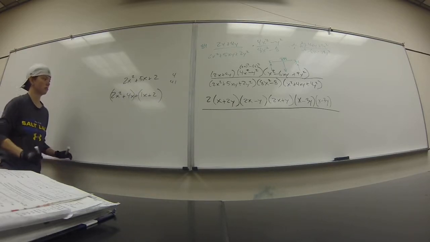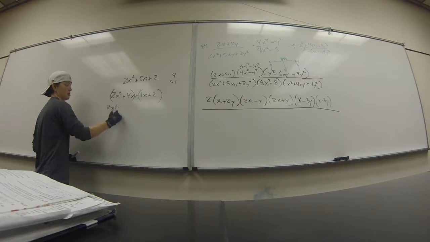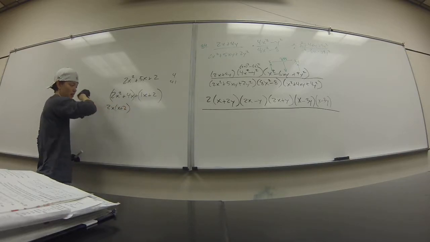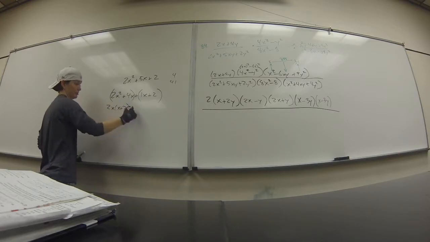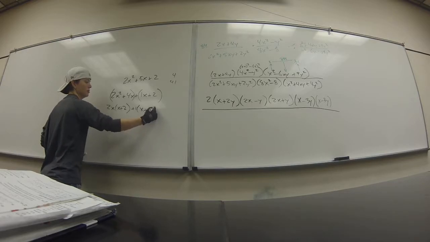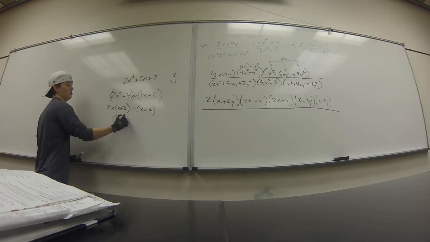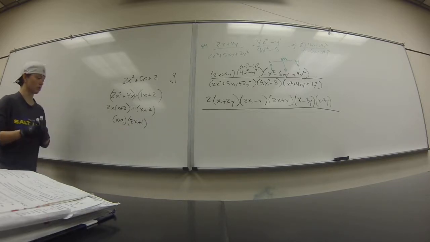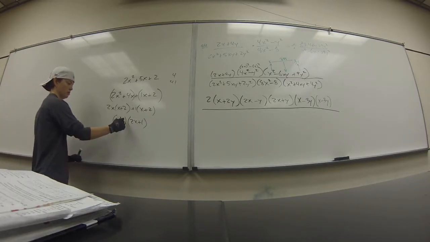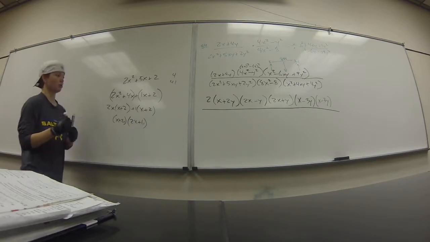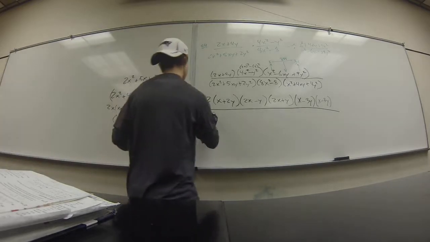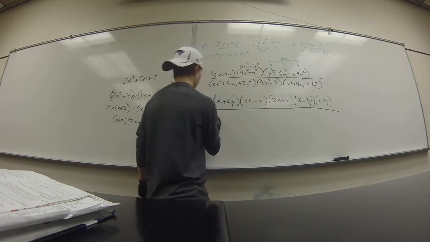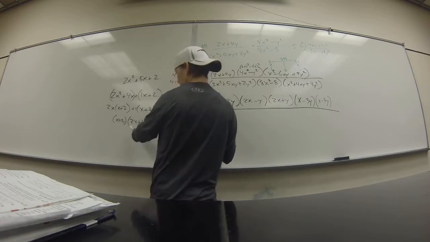You can take a 2x out, leaving x plus 2, and then 1 out of the rest, leaving x plus 2. So we got x plus 2 and 2x plus 1. But I ignored the y's, so back in this problem, this big parenthesis turned into x plus 2y and 2x plus y.